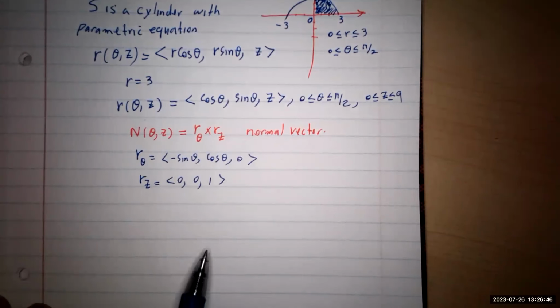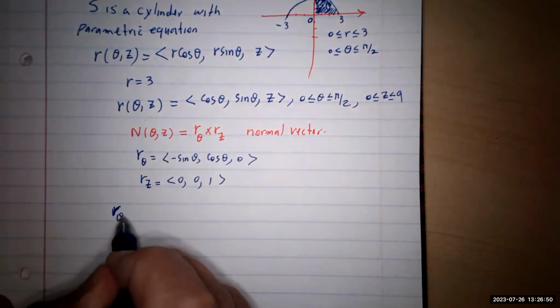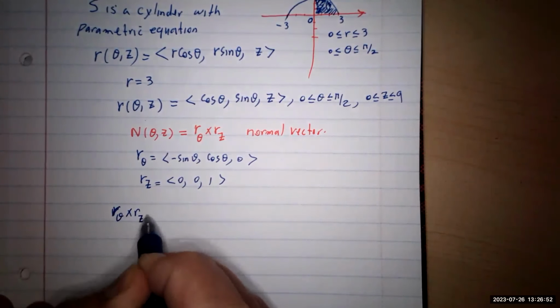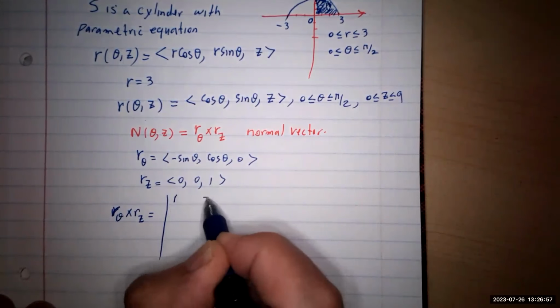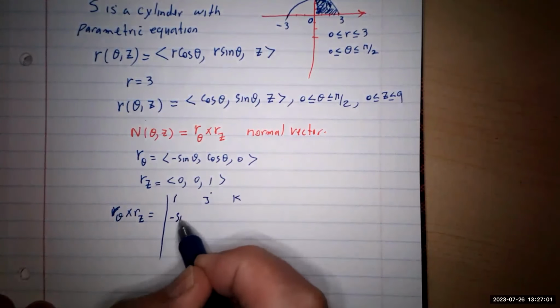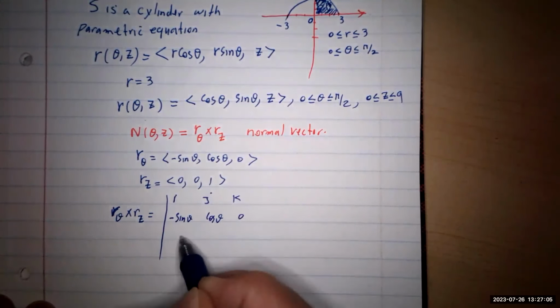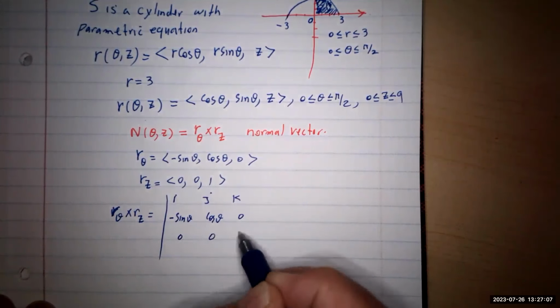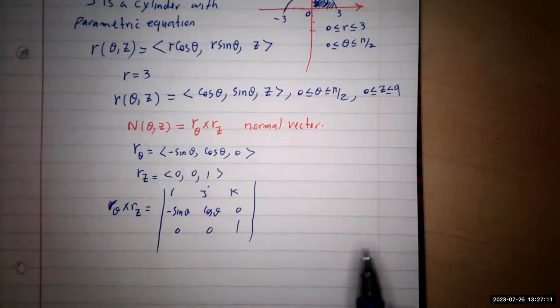Okay, so get the cross product. r theta cross r z is the determinant of the matrix with i, j, k, then negative sine theta, cosine theta, 0, and the second row 0, 0, 1. Quickly find it.